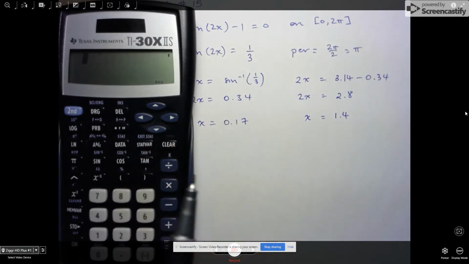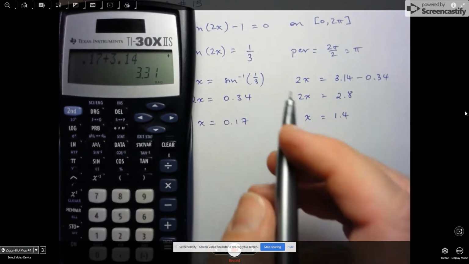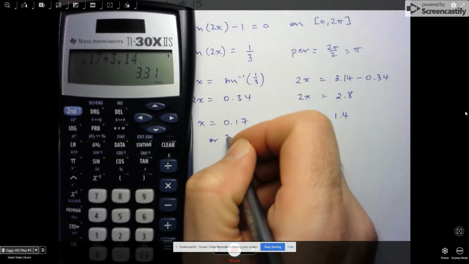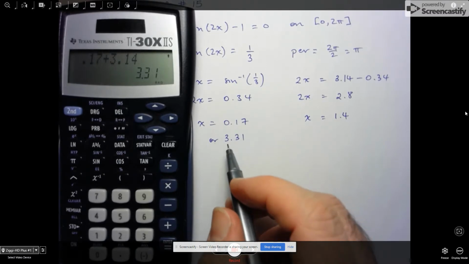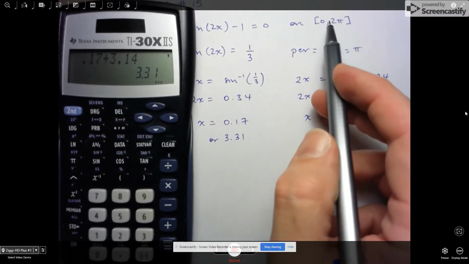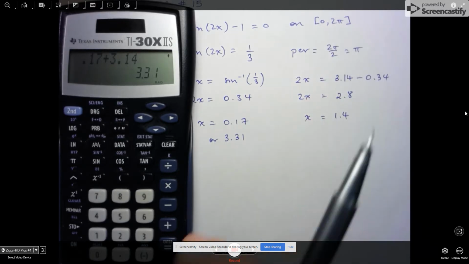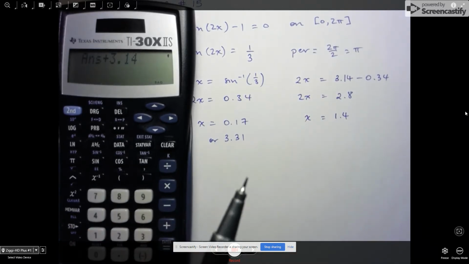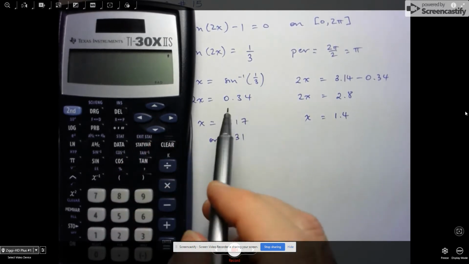So 0.17 plus 3.14 gives us 3.31. If I add 3.14 again, that's bigger than 6.28. So that's all we have from this branch.